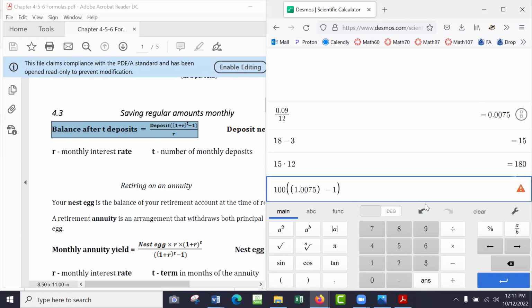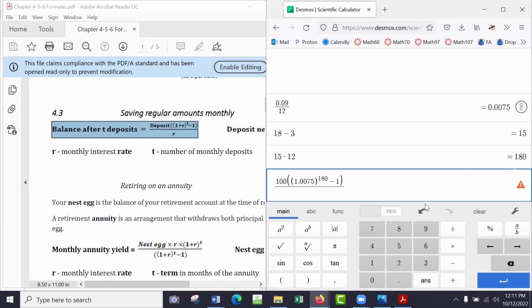So it's that to the power of 180. That's our T, and then it's all over R, 0.0075, right? So at the end, by the time the child is 18, there should be almost 40,000 in the account.